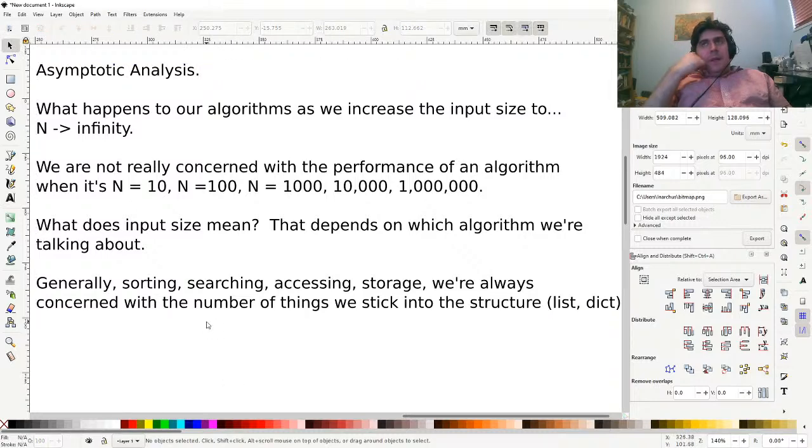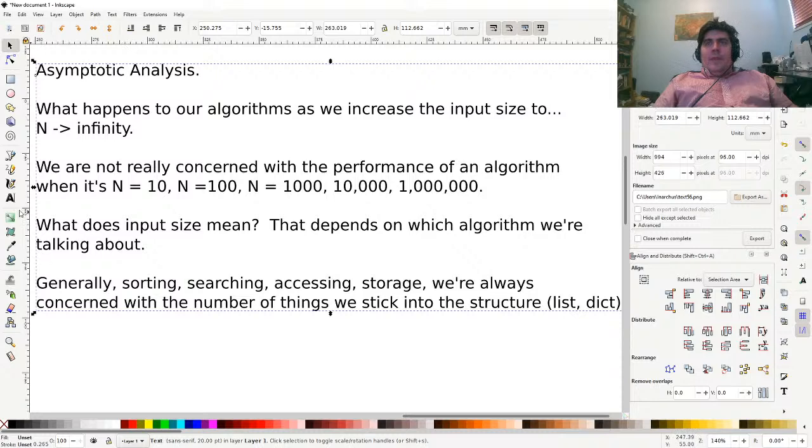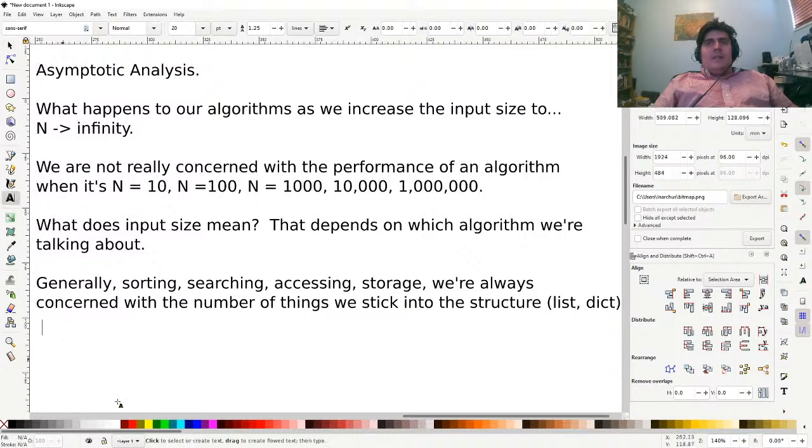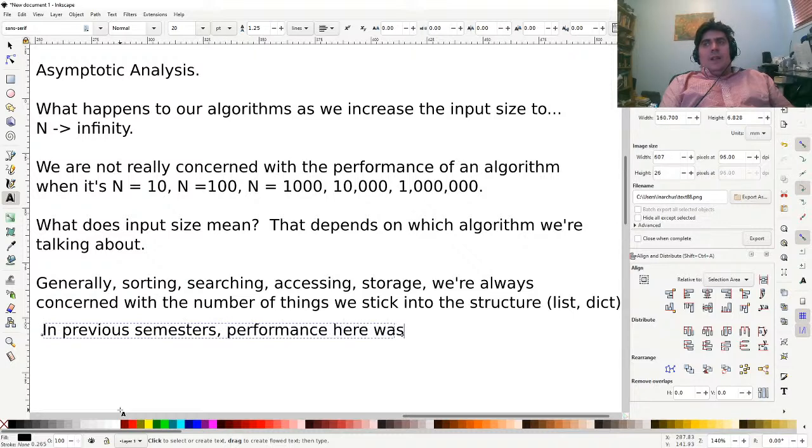Let's just do some examples of calculating the big O of a function, and then we'll go back and maybe do a little bit of theory. In previous semesters, we made this stuff way more technical, and the performance here was off scale low in general.